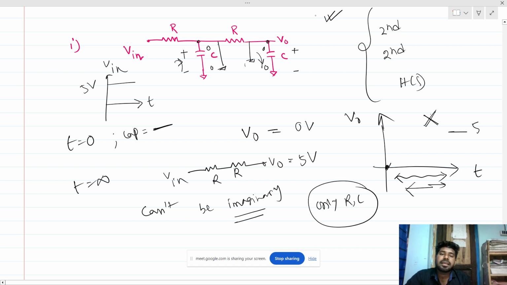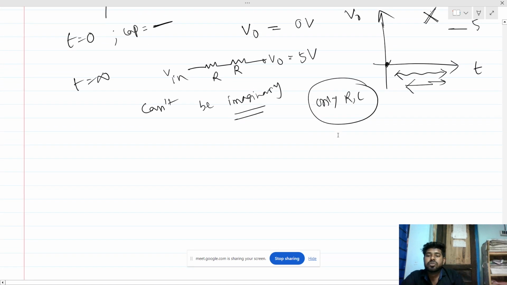If there is an L, then it can be possible, right? So in this case, no imaginary pole is present. So we have only two cases: it can be critically damped, or it can be overdamped, right?